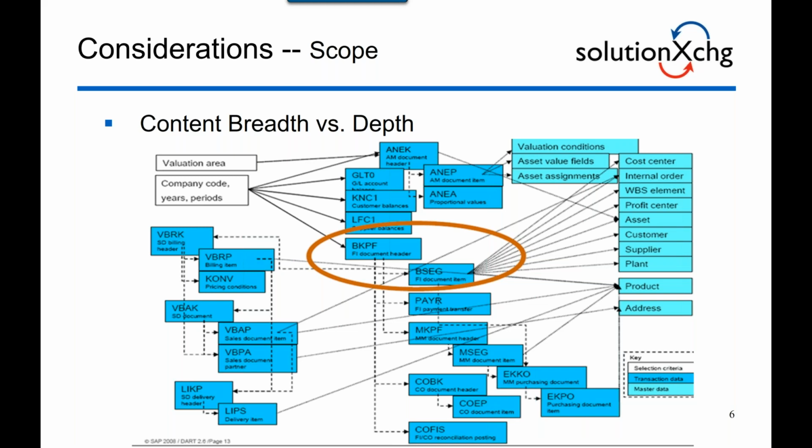But in addition to that, the reference documents that are both the creators of the financial postings, as well as in some cases the recipients of financial postings, are also of interest to the tax authorities, generally speaking, in an audit.